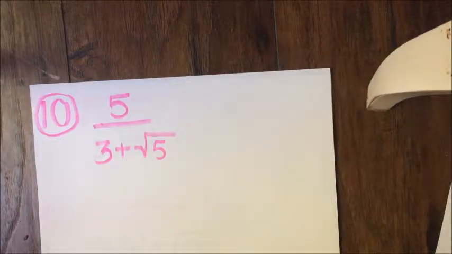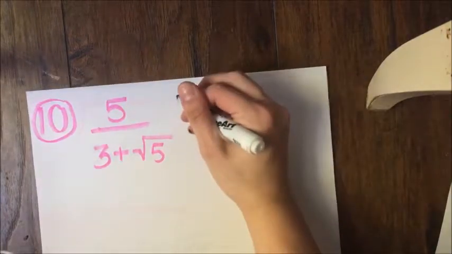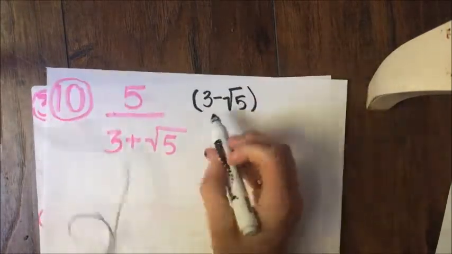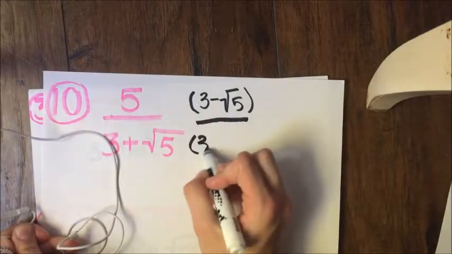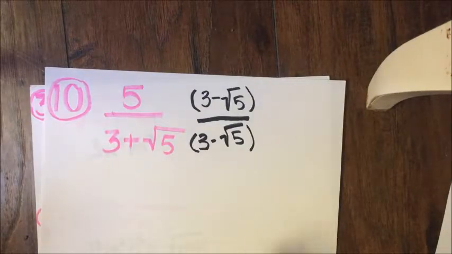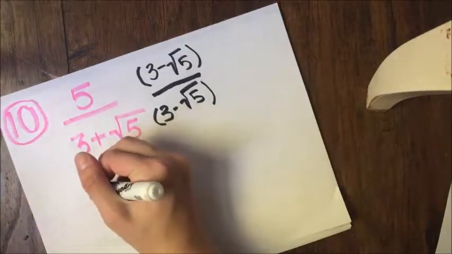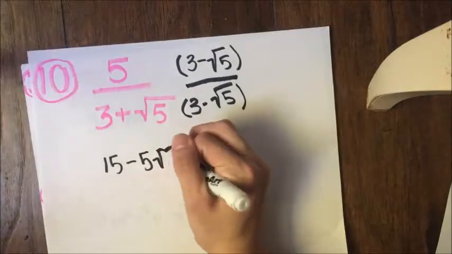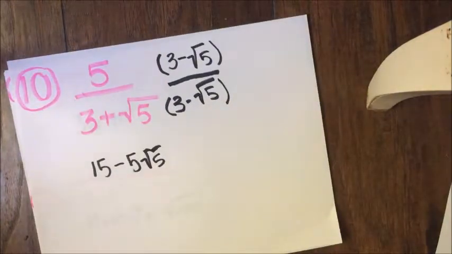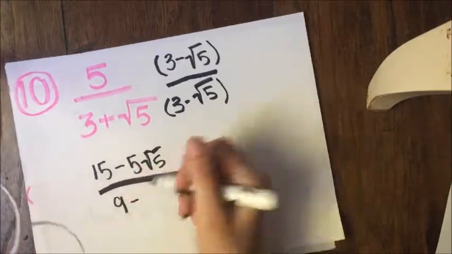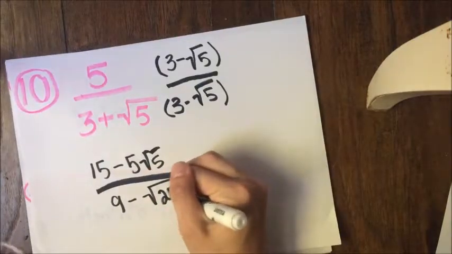For number 10, you're going to multiply both the top and the bottom by the opposite of the denominator. When you simplify this, you will get 15 minus 5 square root of 5 divided by 9 minus the square root of 25.